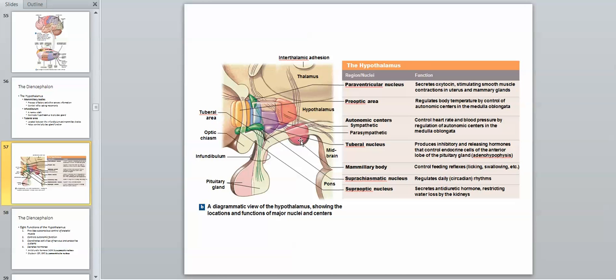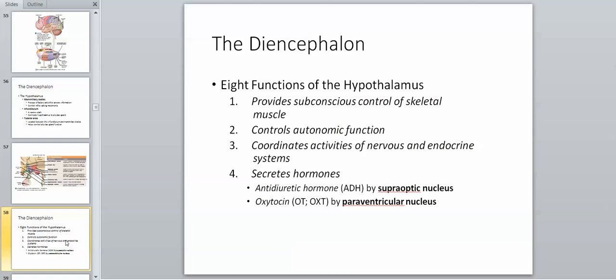All right. So then we've got some functions that we need to know of the hypothalamus. We've got several functions other than hormonal control and emotional control. We've got subconscious control of skeletal muscles, autonomic function. Well, a lot of that is through the endocrine system. We also have coordination of nervous and endocrine systems. There again, these are sort of grouped together.